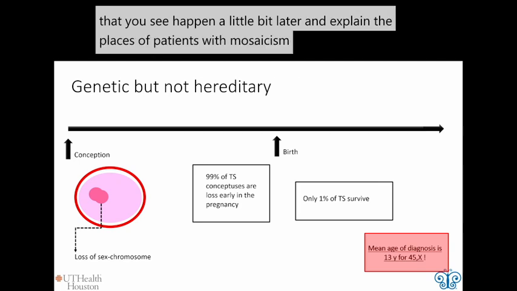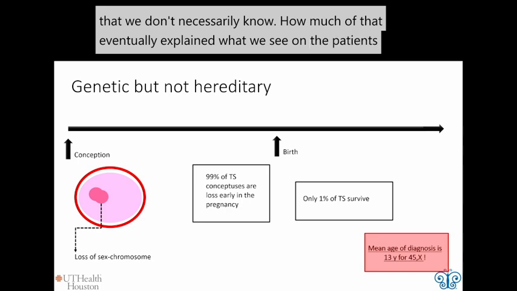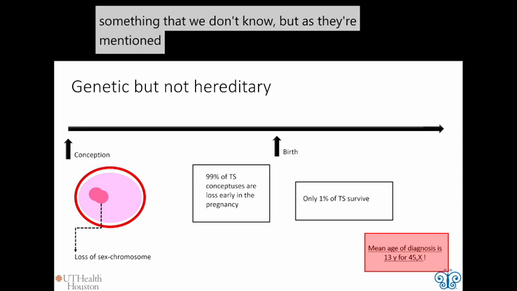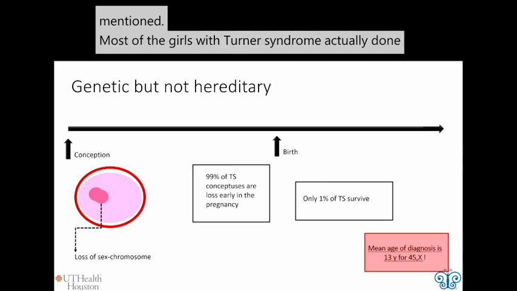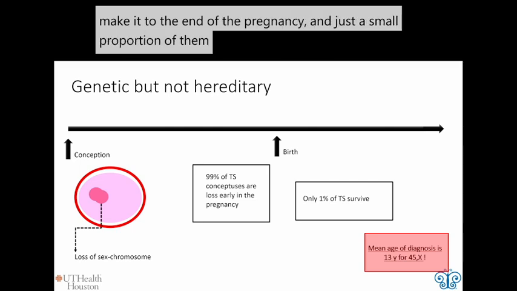That is something we don't necessarily know. How much of that explains what we see in the patients is something we don't know. But as Blair mentioned, most of the girls with Turner syndrome don't make it to the end of the pregnancy, and just a small proportion of them do.